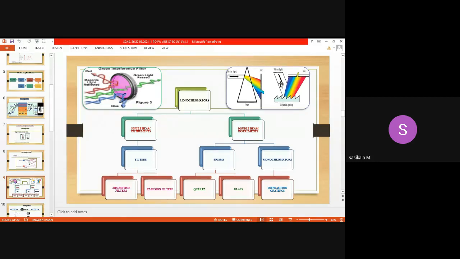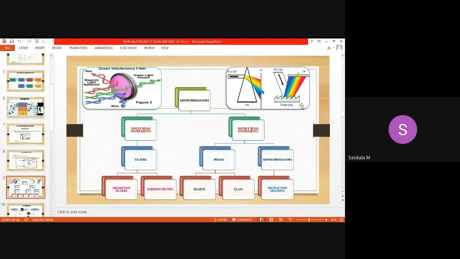So when the white light, that is polychromatic light, is passed onto the diffraction grating, it diffracts the light. Diffraction is also nothing but like reflection only. So when it diffracts, it is split into individual wavelengths by means of the gratings present over the surface. Gratings you can see like rulings. On the road and all, you can find some rough surface, right?